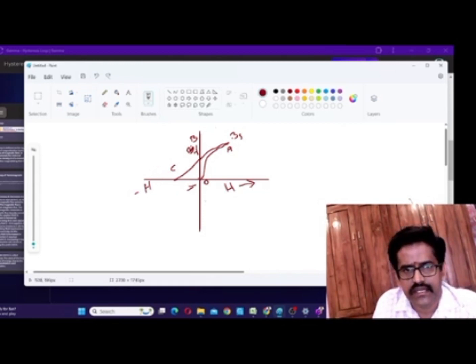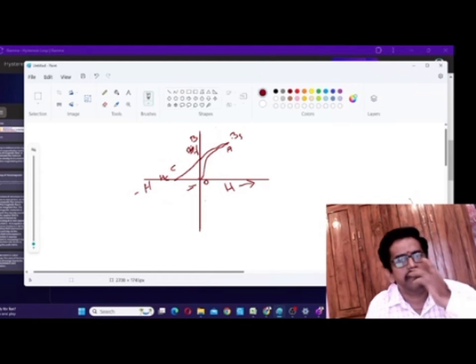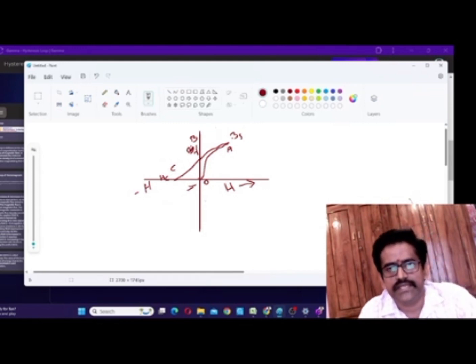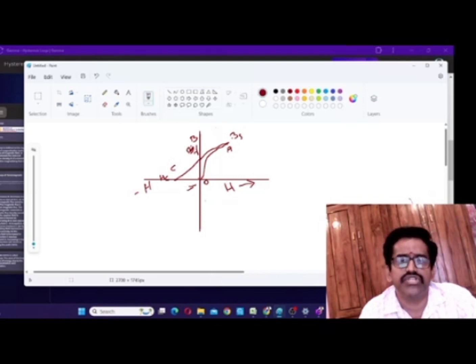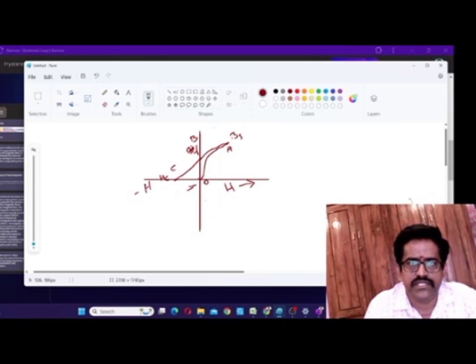This point is denoted by HC, the coercivity. Coercivity means the negative field at which the magnetization of the ferromagnetic material becomes completely 0. If we increase the field further in the reverse direction, the curve goes on and becomes a loop.